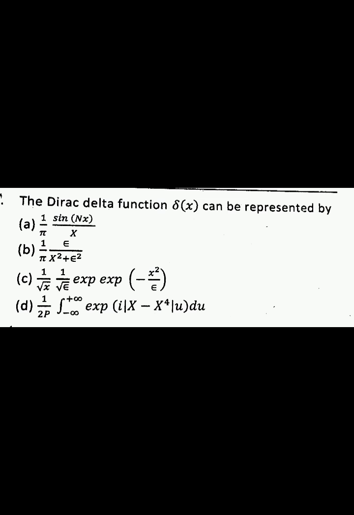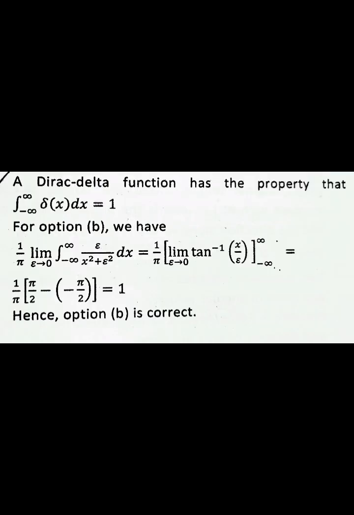The next question is, the Dirac delta function delta of x can be represented by dash. We know that Dirac delta function has the property that integral over minus infinity to infinity delta of x dx is equal to 1.